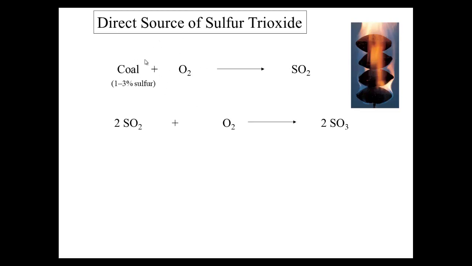When you burn coal in air with the impurities, you get sulfur dioxide. And the sulfur dioxide reacts with itself in air, so 2 sulfur dioxide with oxygen gives you 2 sulfur trioxide.